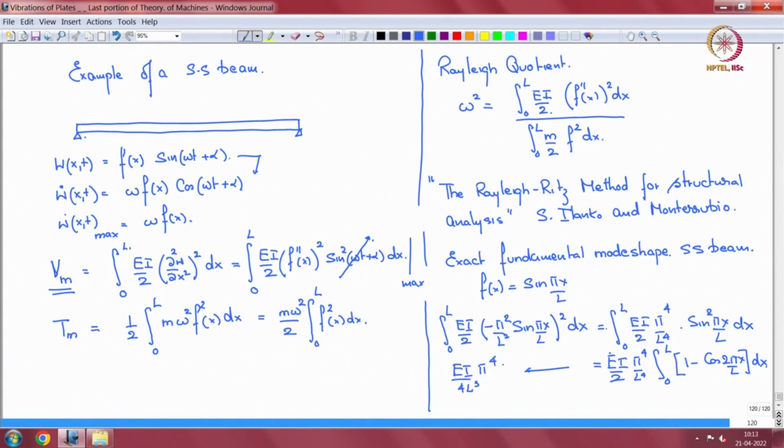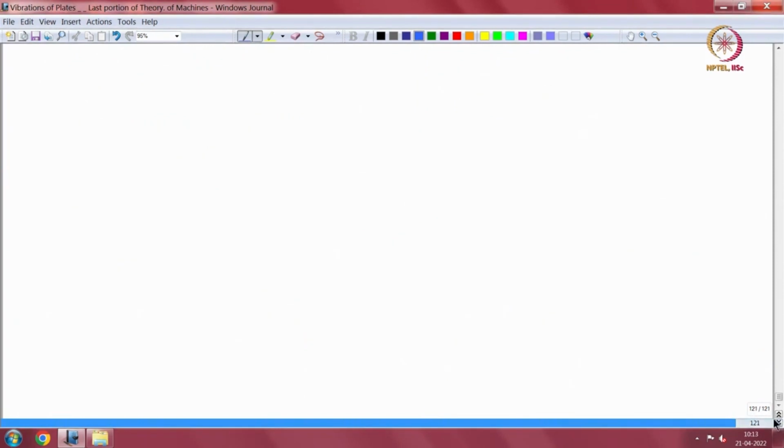Then the denominator is the integral 0 to L of m by 2 sine square pi x by L dx, which is equal to m L by 4.